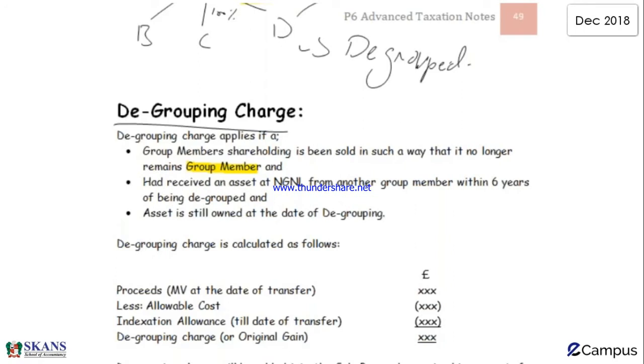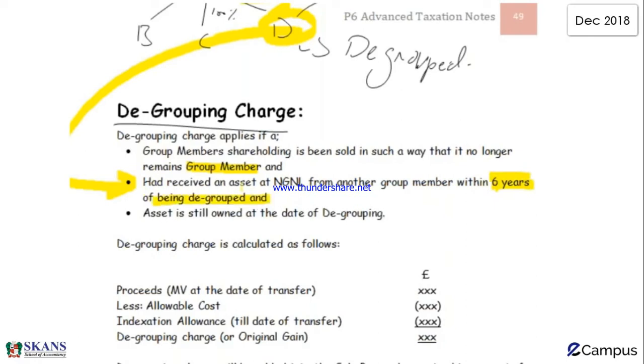Well, it would apply if both of the following conditions are fulfilled. One, the company getting degrouped, D Limited, had received an asset at no gain, no loss from another group member within 6 years of being degrouped.